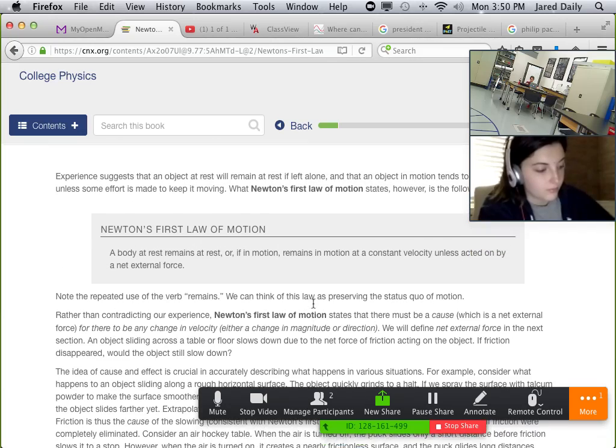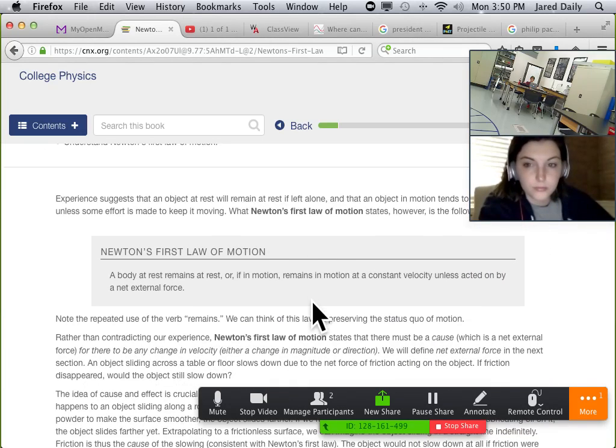This is the book's version of Newton's first law of motion. A body at rest remains at rest, or if in motion, remains in motion at a constant velocity, so that's a constant speed and a constant direction, unless acted on by a net external force. We touched on all those things in our different definitions, which is just fine.